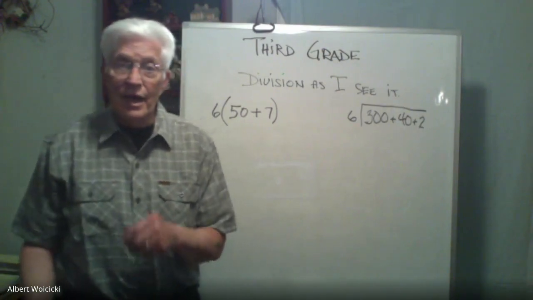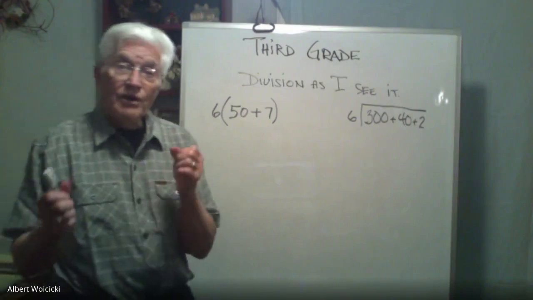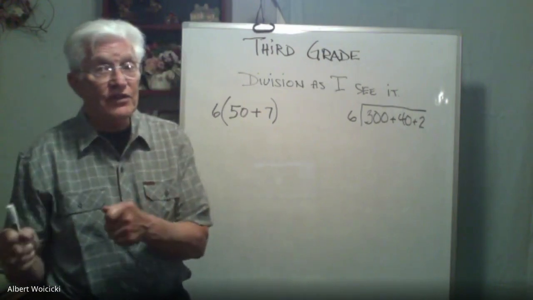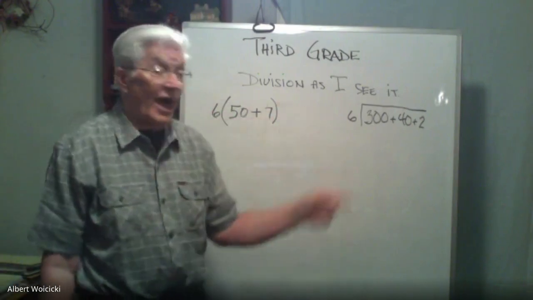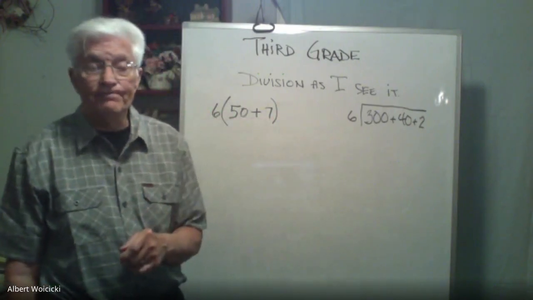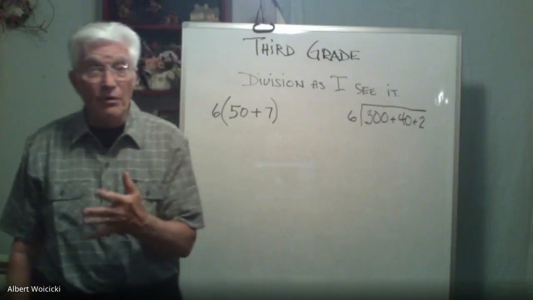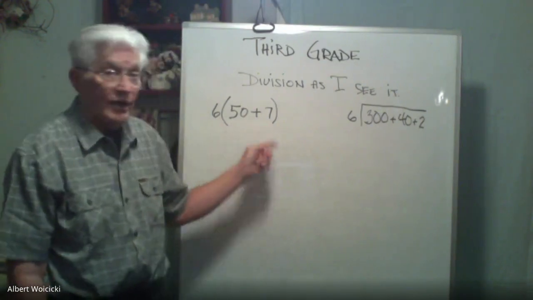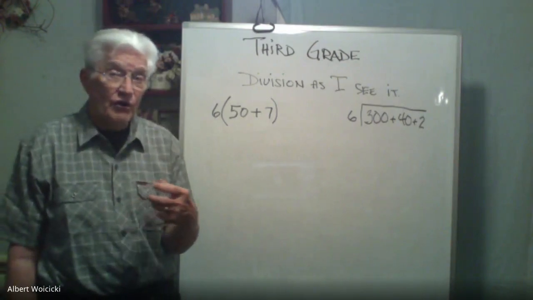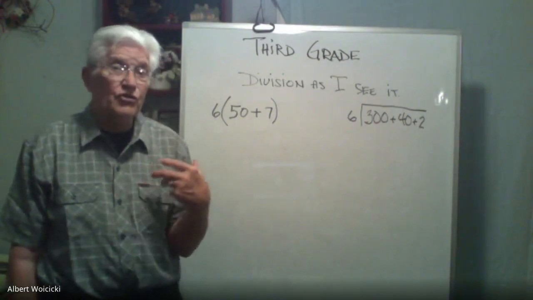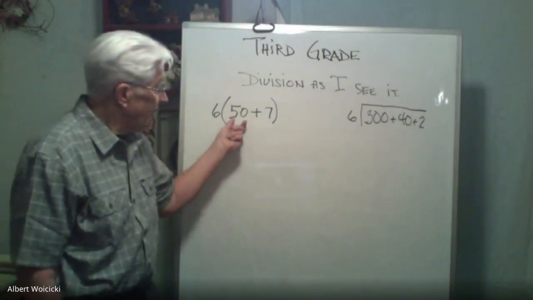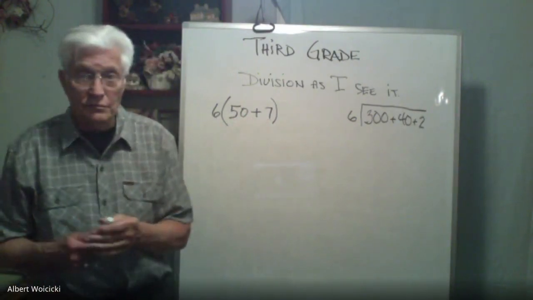And today, we're going to take a look at multiplication and division as I see it. Now, if you remember, we've already done multiplication this way, using what I call the distributive property, because we're distributing the number 6 over 50 and 7.